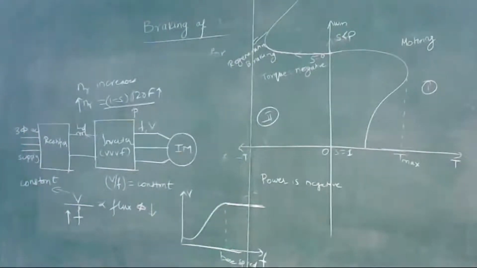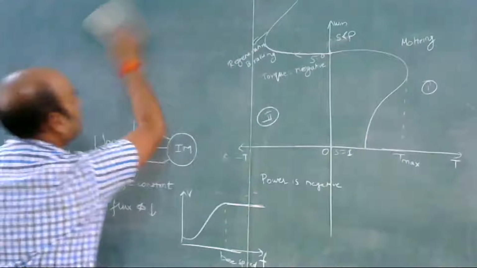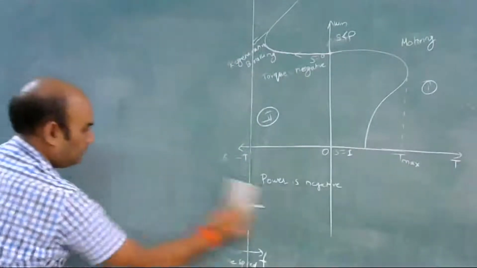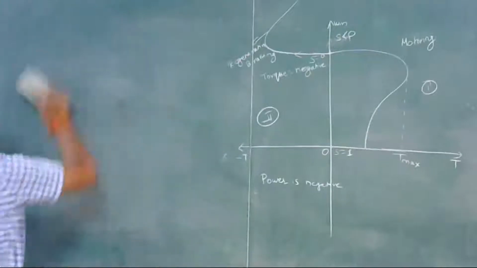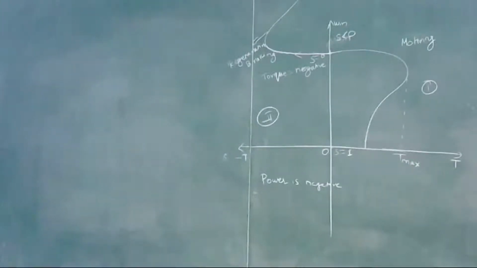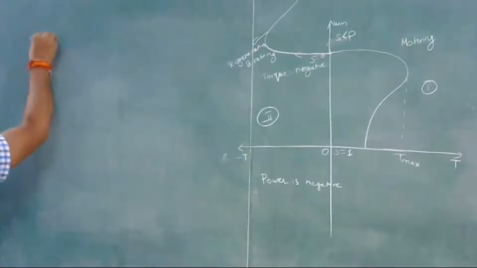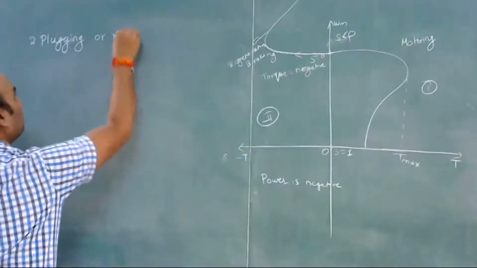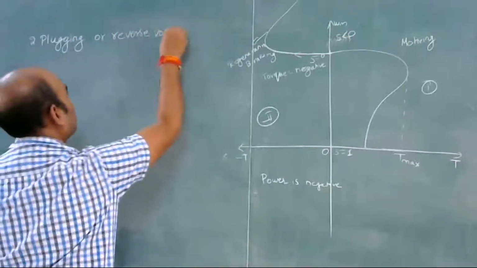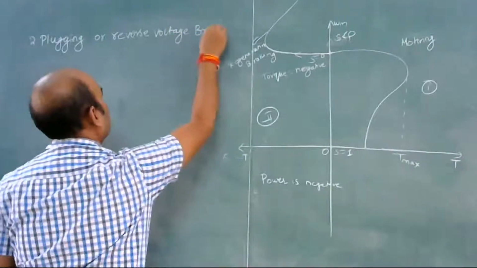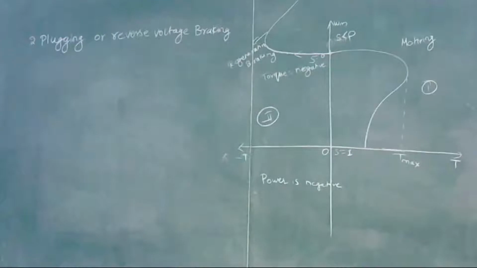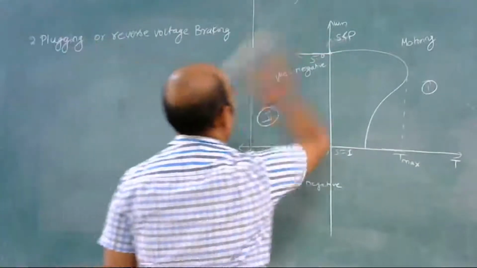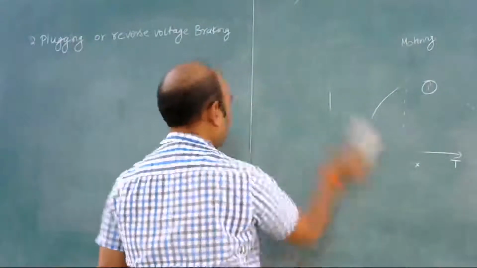Now we will see the second braking, that is plugging, or reverse voltage braking.